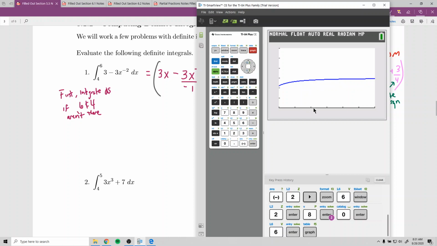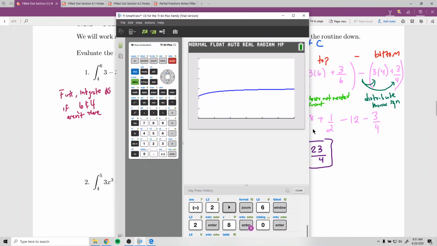And notice that if we drew one big rectangle, it would be a rectangle with base or width 2, and the height, this is 1, 2, 3, close to 3. So it'd be a number that's close to 2 times 3, which is 6, and our 23 divided by 4 is really close to 6. So the area we got here makes sense.